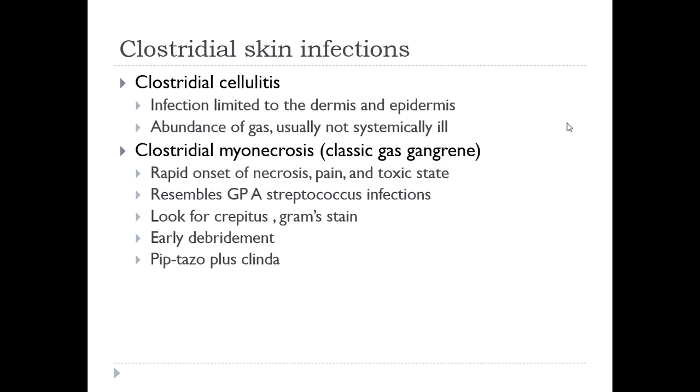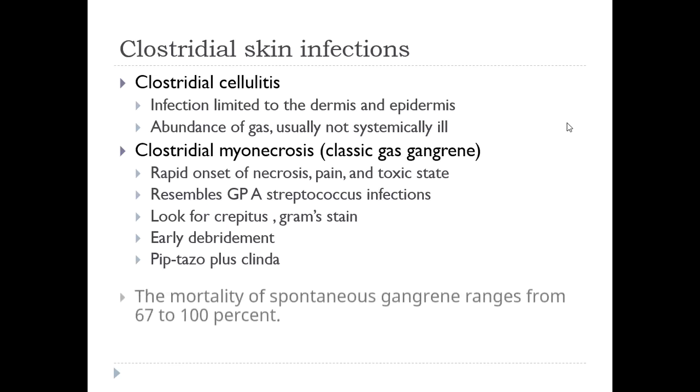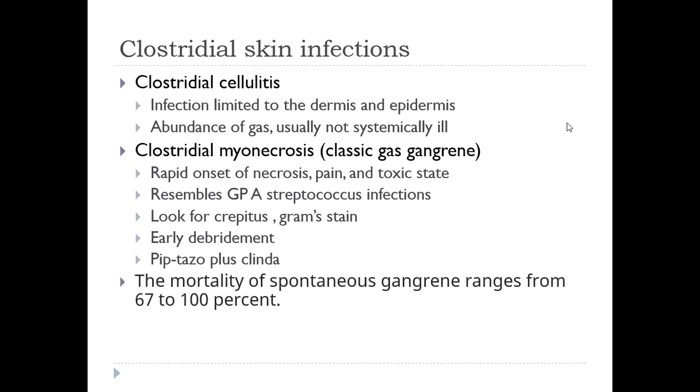There's a lot of necrosis, pain, toxic patient, hypotensive, no response to fluids, vasopressors, albumin, nothing is working. So early antibiotic, piptazo plus clinda, debridement. Mortality is 67 to 100%. So if you are not very proactive, most of the patients die.